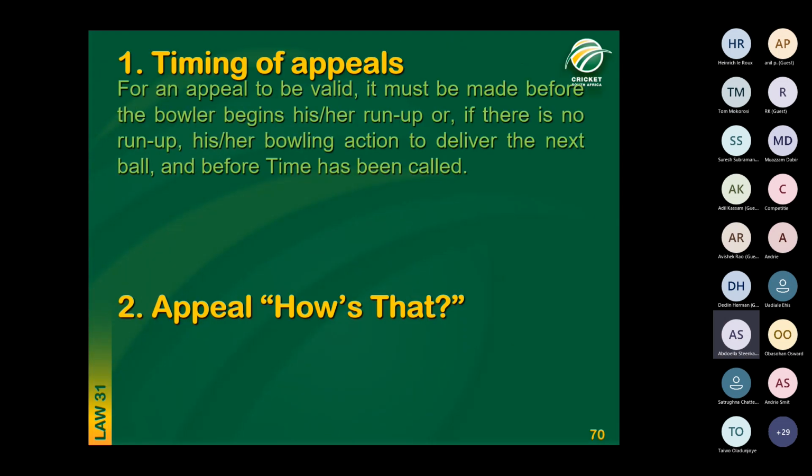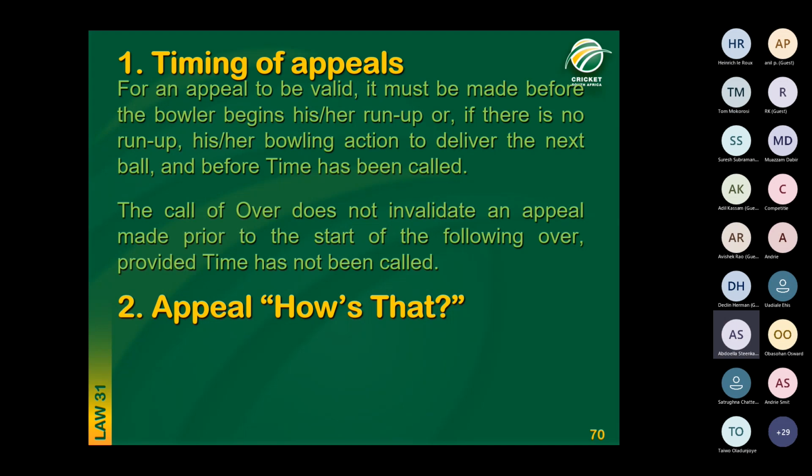In terms of appeals, when it comes to the timing of appeals, there is a window period that the appeal is still valid. For the appeal to be valid, it must be made before the bowler begins his or her run up, or bowling action if he or she usually doesn't have a run up, for the next delivery, and before time has been called.